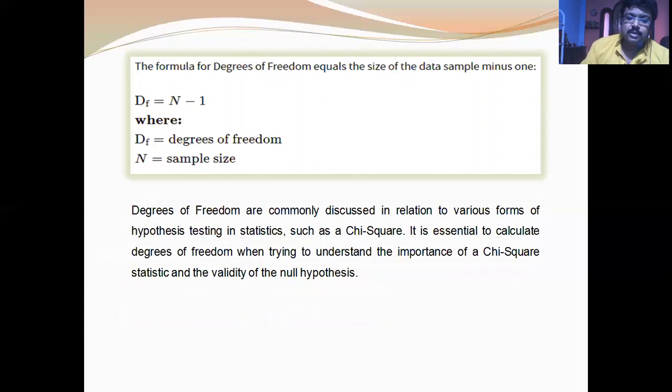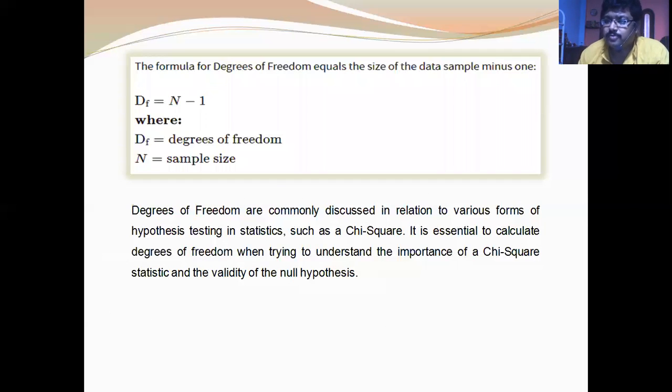Now, degrees of freedom is calculated for statistical validity. For statistical validity, degrees of freedom can be calculated for tests such as the chi-square test, t-test, and the advanced F-test.